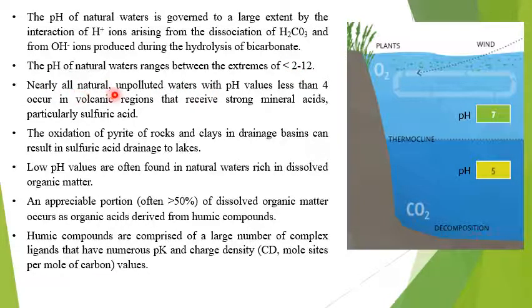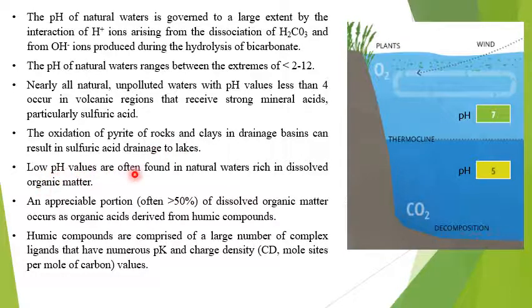Nearly all natural unpolluted waters with pH less than 4 occur in volcanic regions that receive strong mineral acids, particularly sulfuric acid. Oxidation of the pyrites of rock and clay in the drainage basin can result in sulfuric acid drainage to the lake, and it increases the H ion concentration.